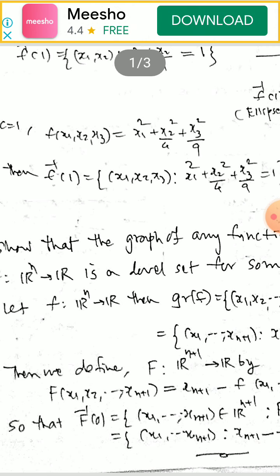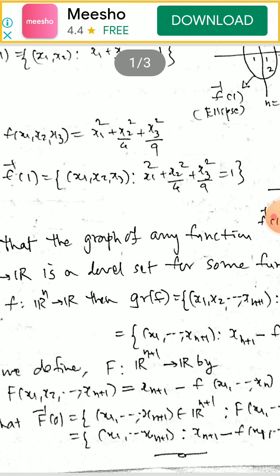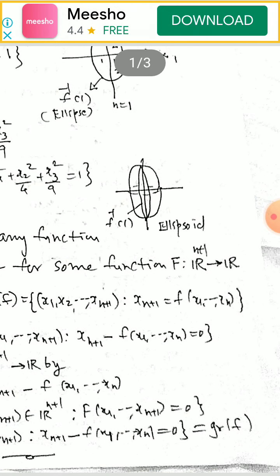Then, what will be the graph of f? Recall the definition of graph of f. In the graph of f, there is one dimension more. Here the domain is Rn, so the graph will be the set of all ordered n+1 tuples. So graph of f is equal to the set of (x1, x2, ..., xn+1), where the last coordinate xn+1 is a function of the remaining coordinates.